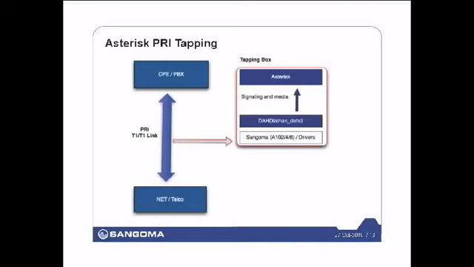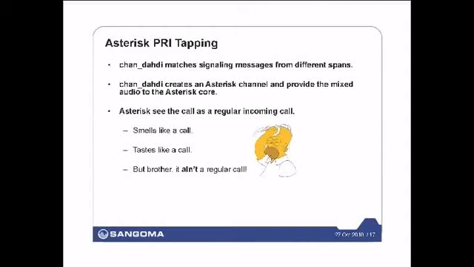What Asterisk is going to do is match the signaling messages from different spans, so it takes care of that for you. It's also going to create an Asterisk channel and provide the audio to the Asterisk core already mixed. So any application that reads from this call is going to already read the audio from both parties.